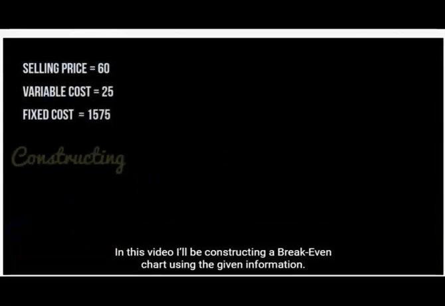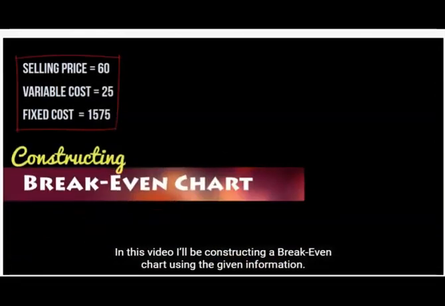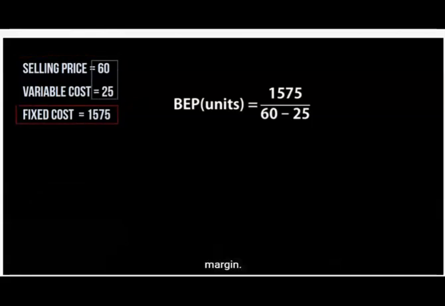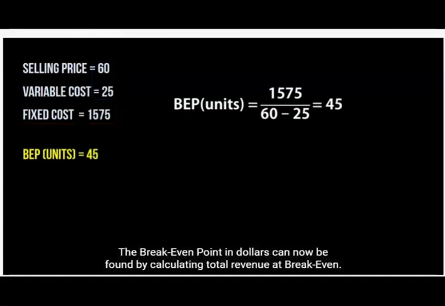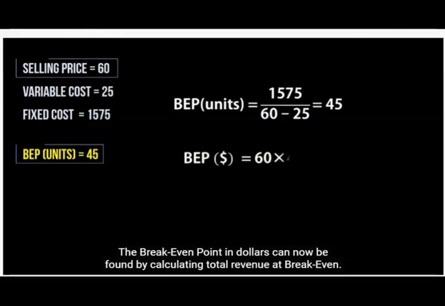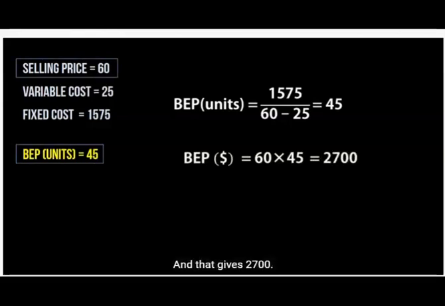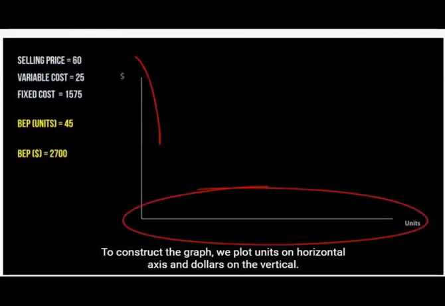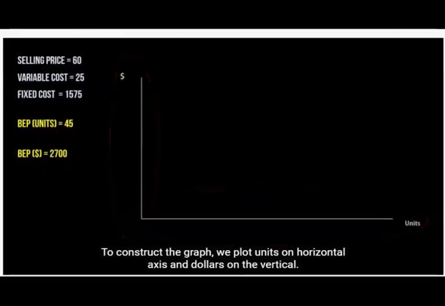Okay, in this video, I'll be constructing a break-even chart using the given information. First, we find the break-even point in units by dividing the fixed cost by the contribution margin, and that gives 45. The break-even point in dollars can now be found by calculating total revenue at break-even, and that gives 2,700. To construct the graph, we plot units on the horizontal axis and dollars on the vertical.